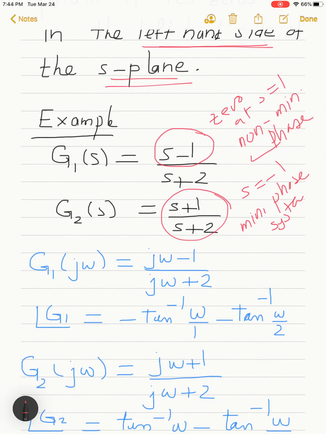If you consider the transfer function in the frequency domain, replace s by j omega, then the first transfer function can be rewritten as j omega -1 over j omega plus 2.